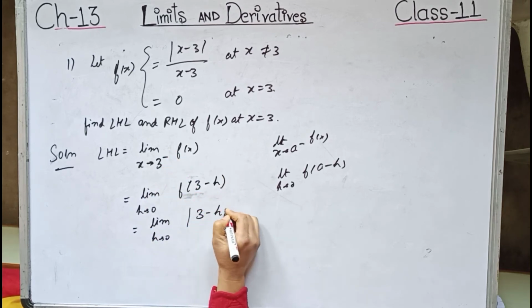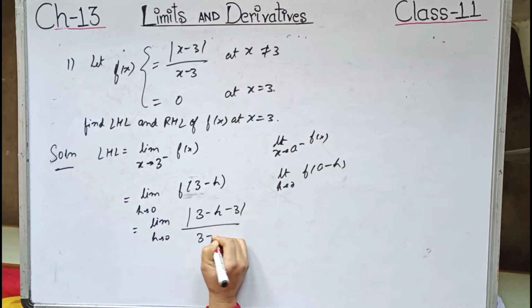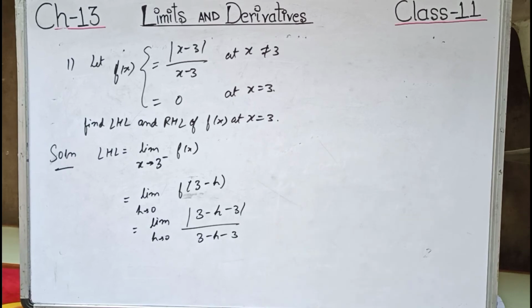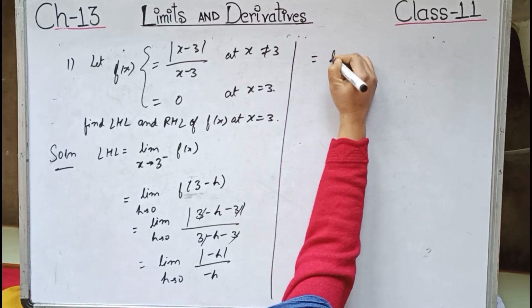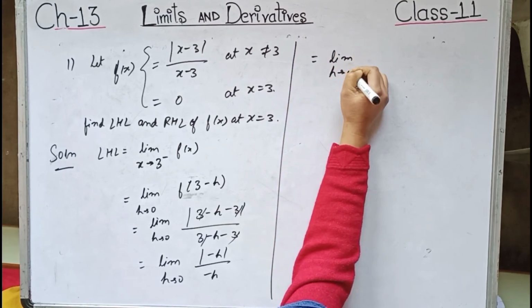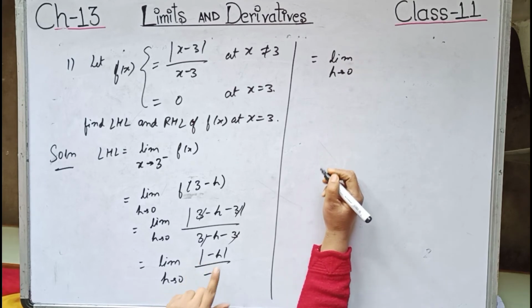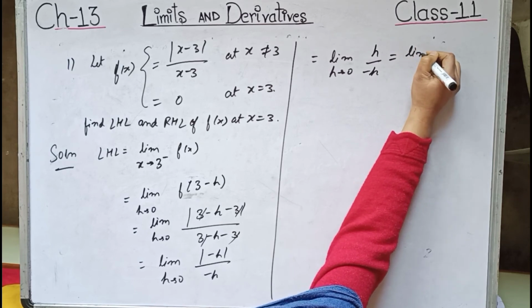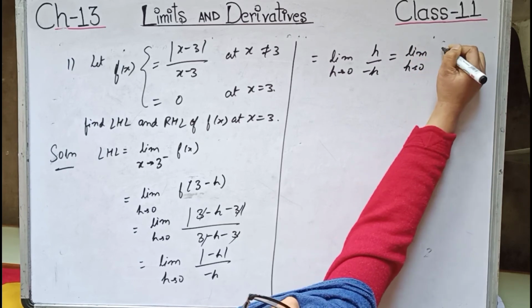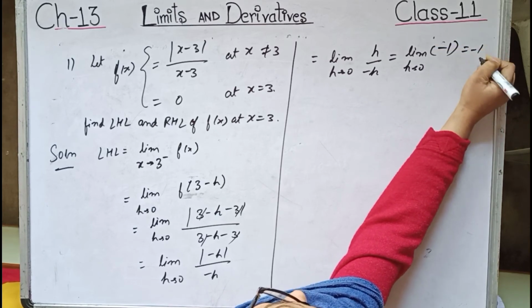So mod of (3 minus h minus 3) by (3 minus h minus 3) equals limit h tending to 0 mod of minus h by minus h, equals limit h tending to 0 mod of minus h will be h, by minus h. So this equals limit h tending to 0 of minus 1, equals minus 1.